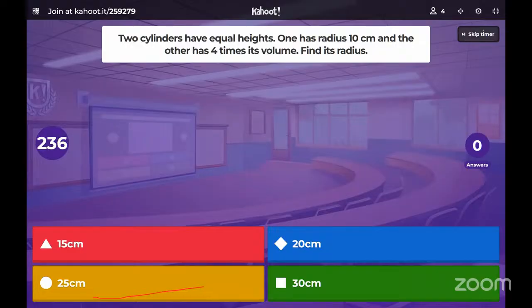So here they're saying two cylinders have equal height, but one has radius 10 with a certain volume, whereas the other has 4 times the volume of the one with radius 10. They're asking you the radius of the second one.